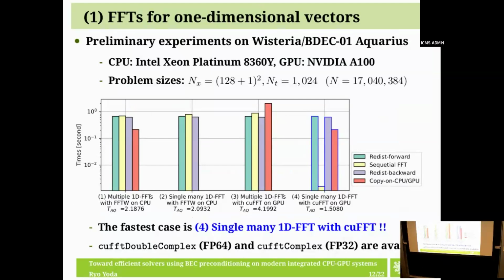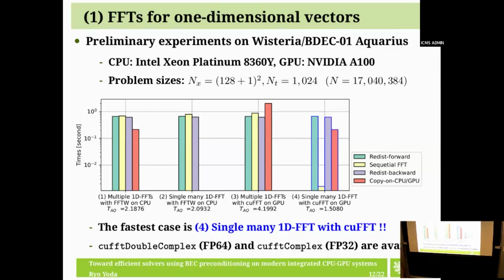The problem size, the number of spatial and temporal sizes, is shown here. The bars correspond to the following four methods, and the breakdowns correspond to the redistributions, including the all-to-all communications, the sequential FFT part, and the copy to CPU. Sorry, this is FFT only on CPUs and the cuFFT on GPU case.